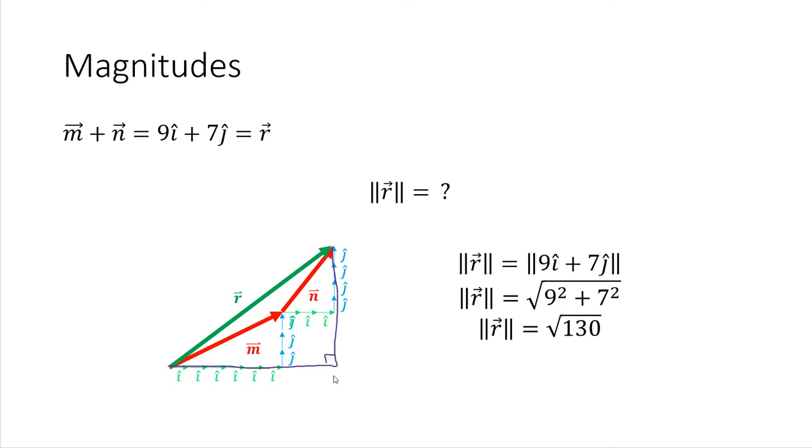We have all the horizontal components, all the i's, and all the vertical components, all the j's. This practice of sketching in these right triangles is going to come in extremely handy when we get into some of these applications of vectors later on in our unit on vectors.